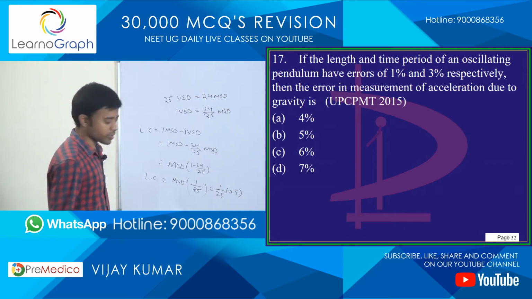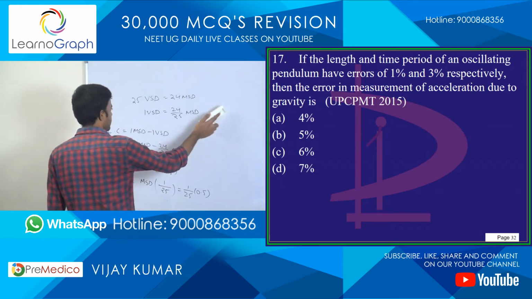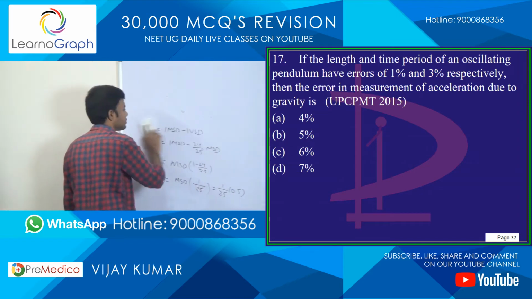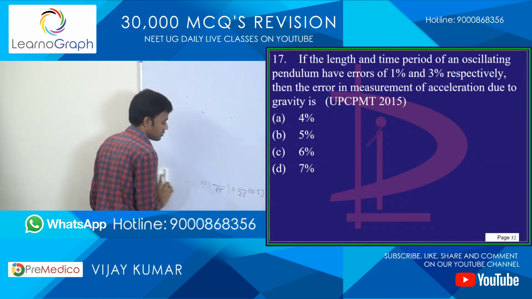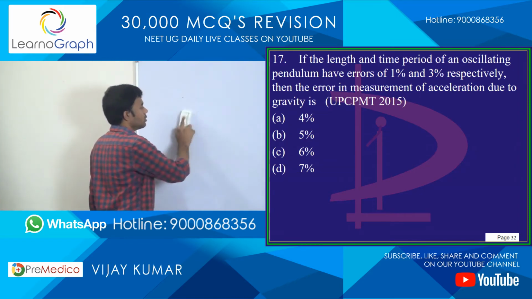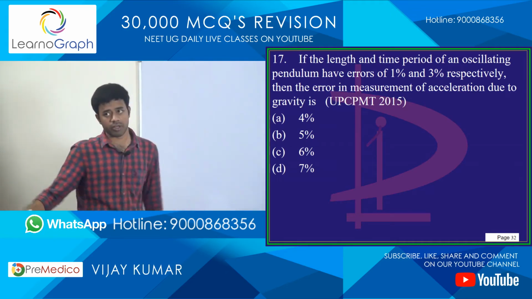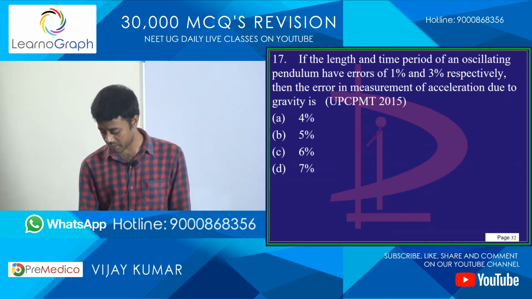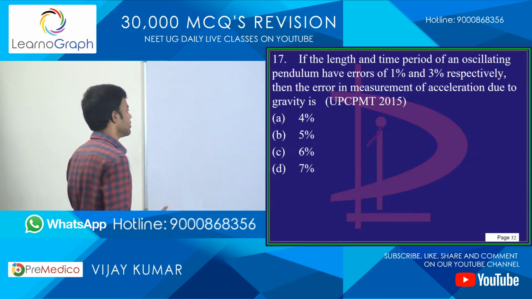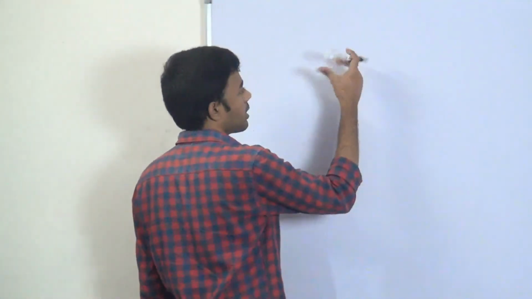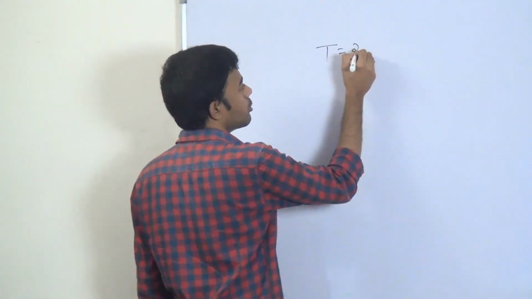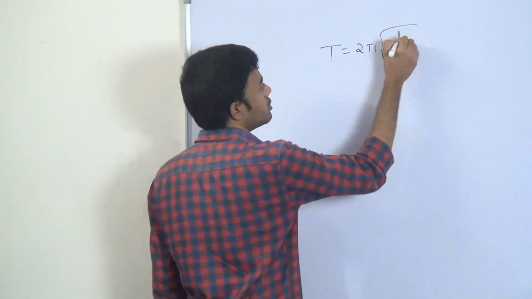Here, first you should know the formula for the time period of a simple pendulum. The time period T equals 2 pi root over L by g.